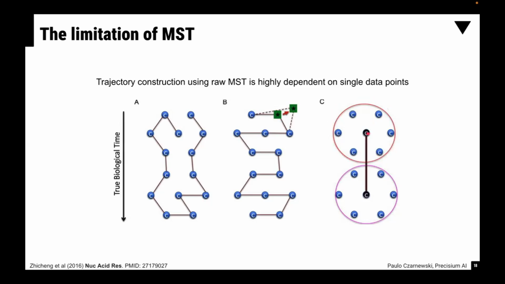And then you run the MST on the clusters instead. And that usually is much more robust because if you change this cell in here, these cells are still part of the same cluster. The centroid will not change that much, and therefore the trajectory will still be a little bit more accurate than basing on a single cell specifically.